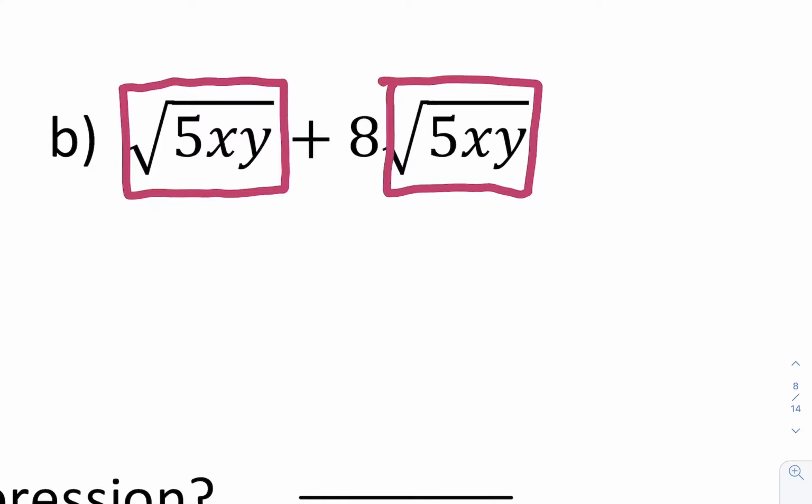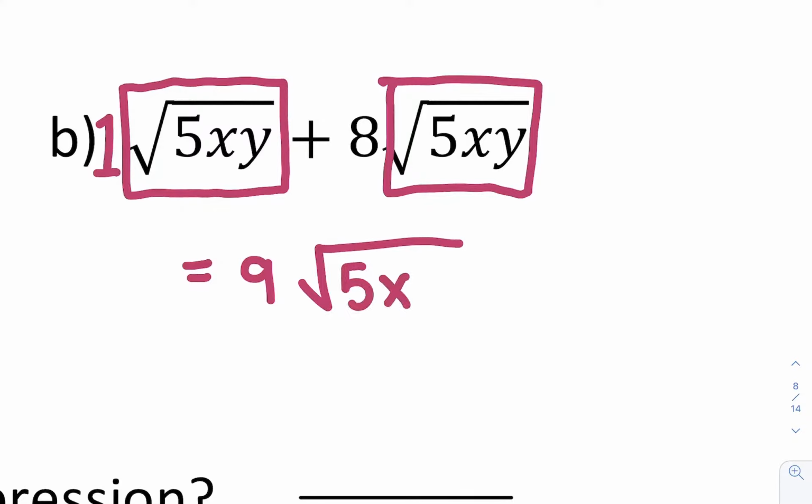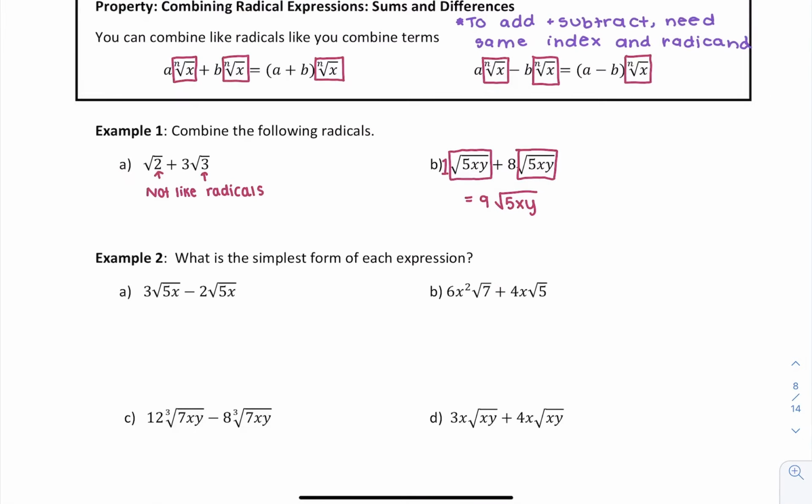Those are the same term. If there's nothing written in front, I have one of them. So I have 1 box and I have 8 boxes. In total, I have 9 boxes, or 9 square root of 5xy. It's really helpful to make that box around like radicals.